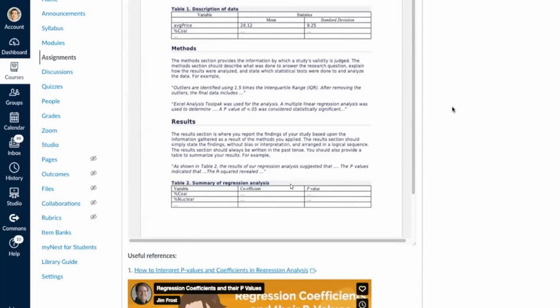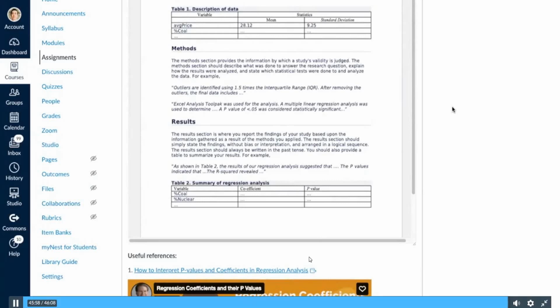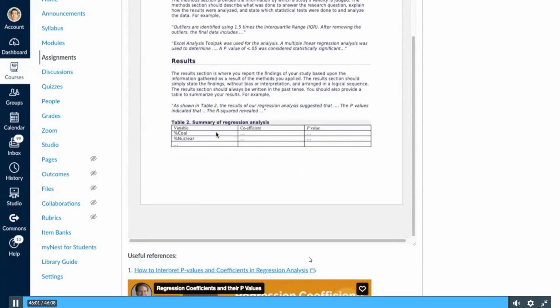You need to explain the method you use for the regression analysis, using multiple or simple, how you handle outliers, and how you check the assumption for normal distribution, dependency, and so on. And then with the result, you need to interpret the result with R-squared, coefficient, and the p-values.